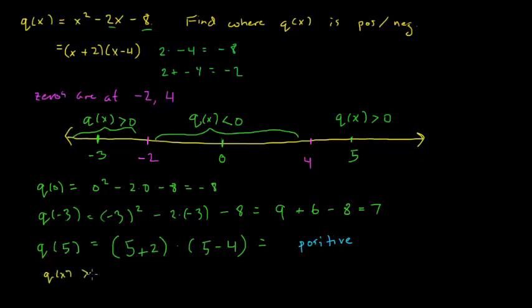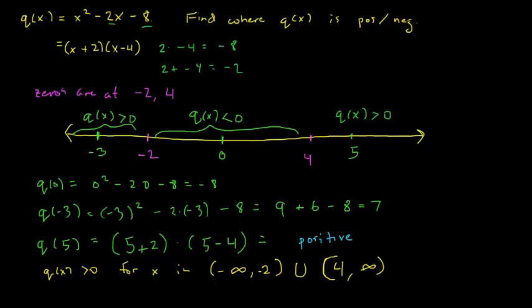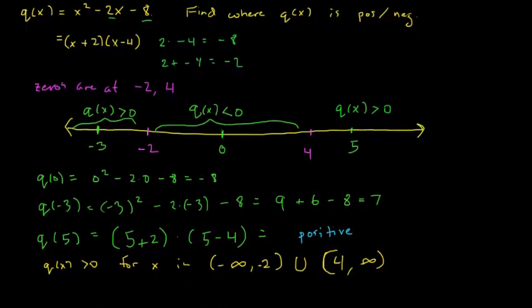So q of x is greater than 0 for x in the interval, well, it goes all the way to negative infinity, and it comes up and approaches negative 2, but it never quite gets there because negative 2 is actually a 0 of the function, so I have to use an open parenthesis. And then it's also positive in the region from 4, not including 4 of course, all the way up to positive infinity. So there we've identified where q of x is positive.